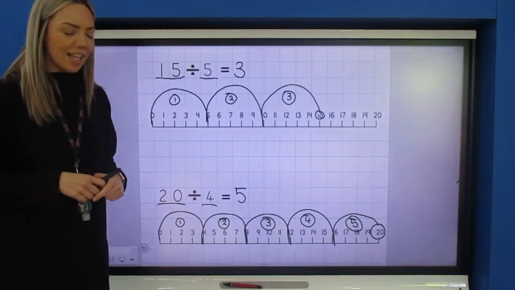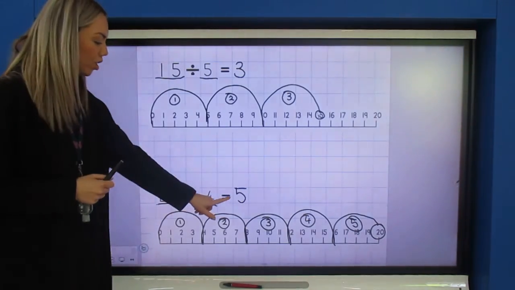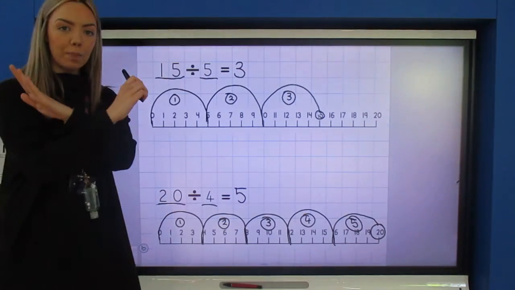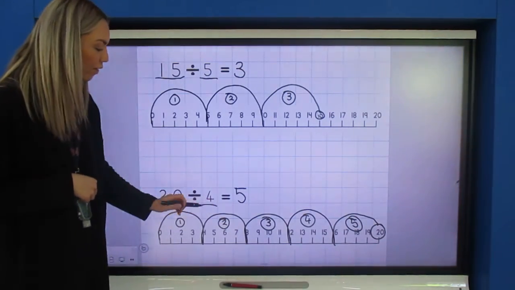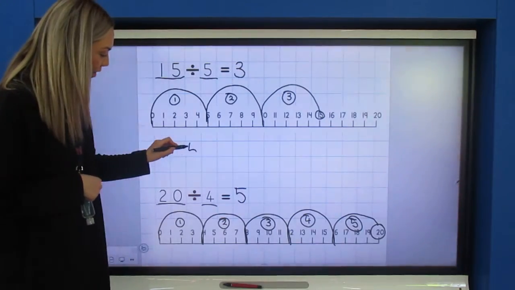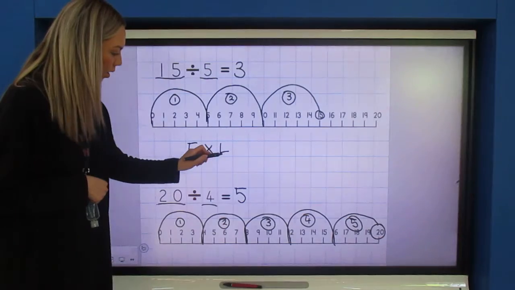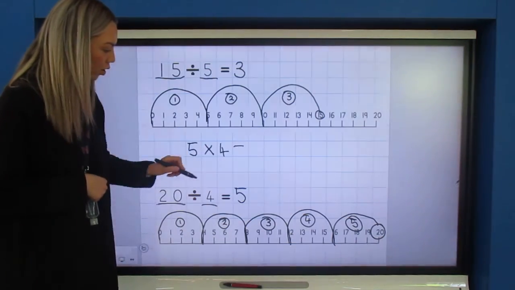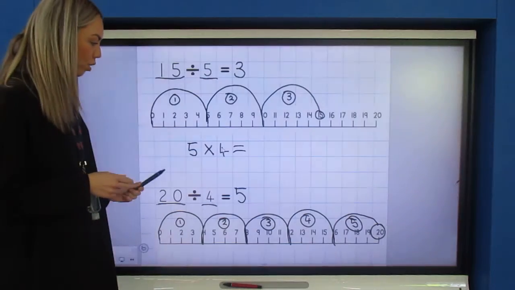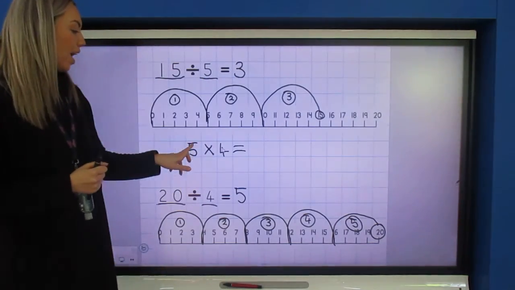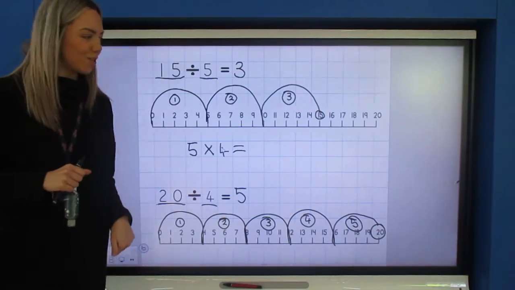And remember, like yesterday, we can do that the other way round. So you could change your sum into a multiplication sum. And if you did 5 lots of 4, so 5 times 4, you would get our answer 20. Let's double check. So 4 lots of 5 or 5 lots of 4. Let's see if we can count in our 4s to get to 20.